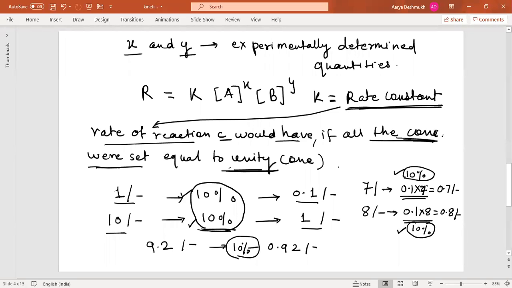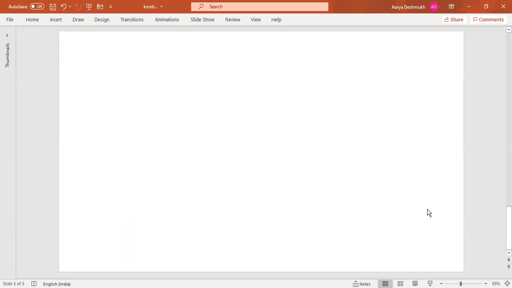Now similarly, I'll go to the next slide and apply this concept to the reaction. A is getting converted into product. Only one reactant is there and it is getting converted into product. Say this reactant A is unity, means 1.